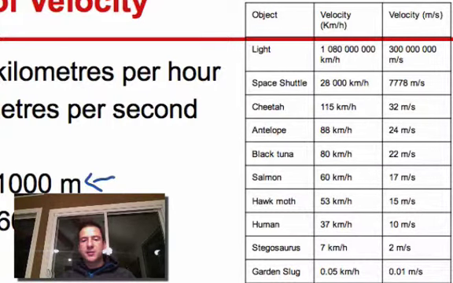That's fast. Take a look through that. We run on average about 37 kilometers an hour, or 10 meters per second. It's interesting to look at these numbers so we understand units of velocity, the difference between kilometers an hour and meters per second, and how we would convert those.